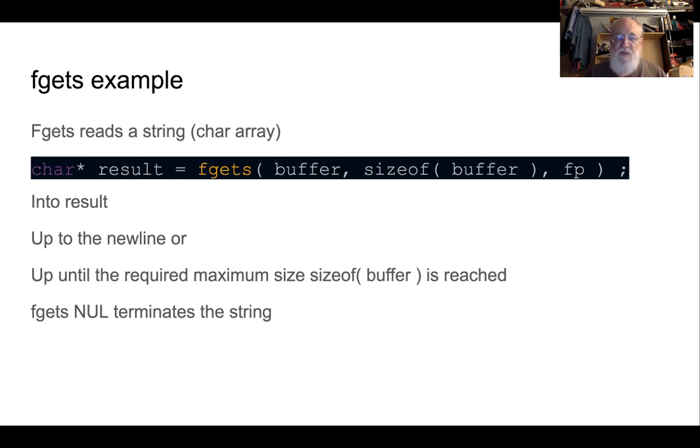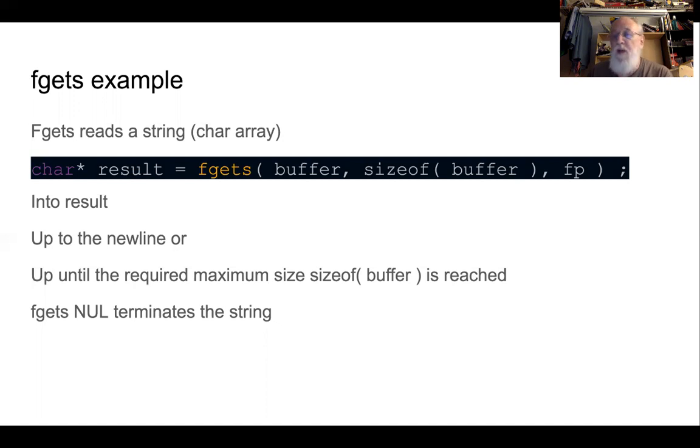It's a bit different on different computers. It's a \n in C always, and it gets converted to whatever combination of newline characters your operating system expects. That might be a line feed, it might be just a CR, or CRLF. Okay, so this piece of code you see here reads something from a file pointer called FP.